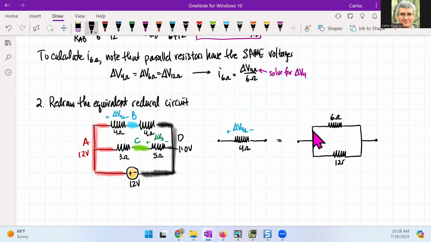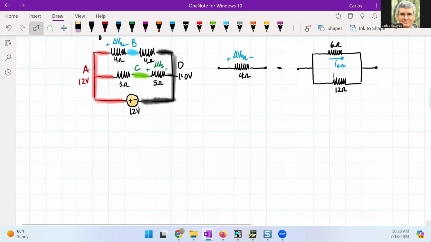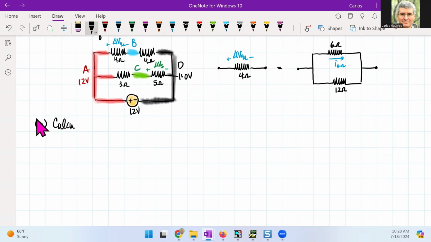This has to be our 12 ohm. And this is our current of the 6 ohm that we're trying to calculate. So now let's calculate these guys. We want to calculate the current I of the 6 ohm and voltage delta V 5 ohm.